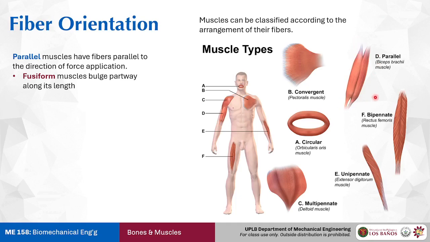So they're parallel to the tendons. They can be just straight up normal parallel, like for example your abs. Your abs are actually parallel muscles. They're parallel to their tendons. Or they can be fusiform like your biceps. So you have this bit of bulge in the middle, but it is still parallel.